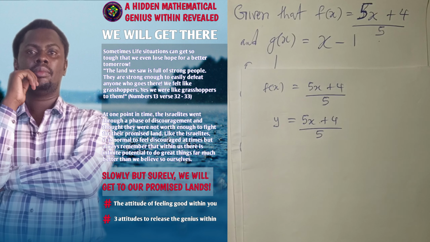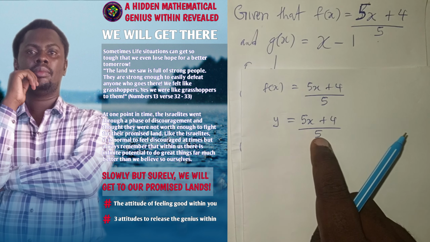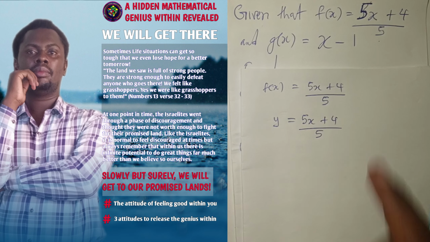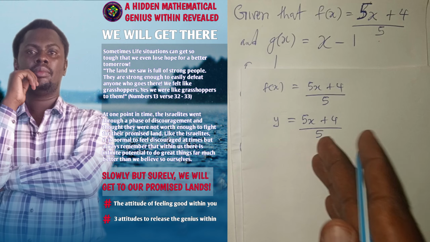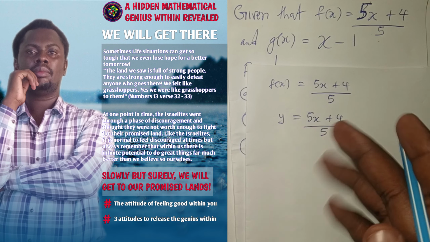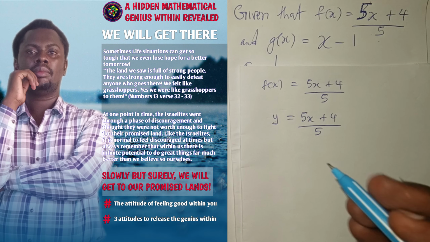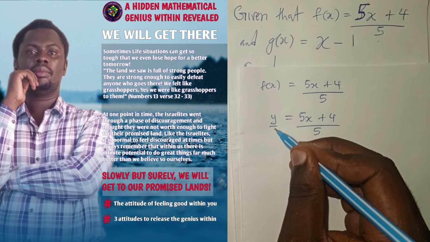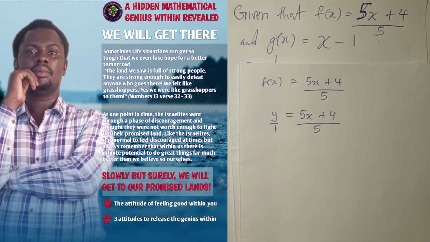You can see that from this side of the equation, we have a fraction. So since here it's a fraction, this side can be a fraction too, you can just put over 1. Then since we have two fractions and an equal sign in between, we can cross multiply.